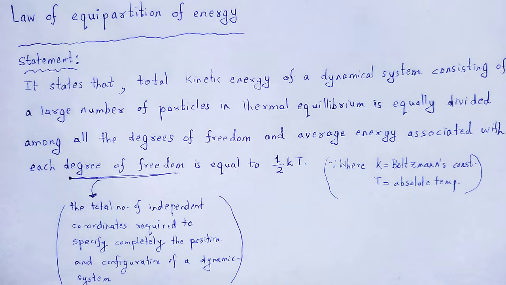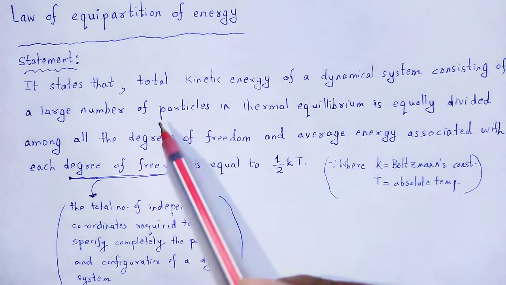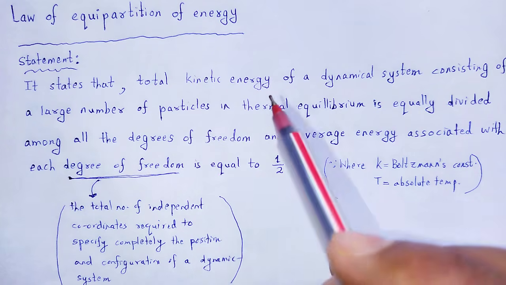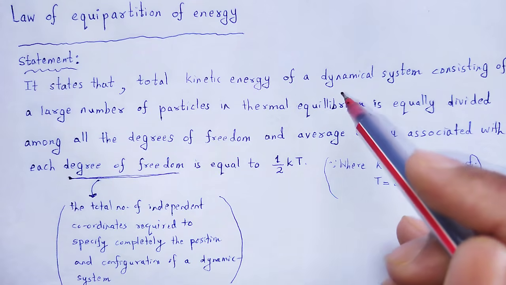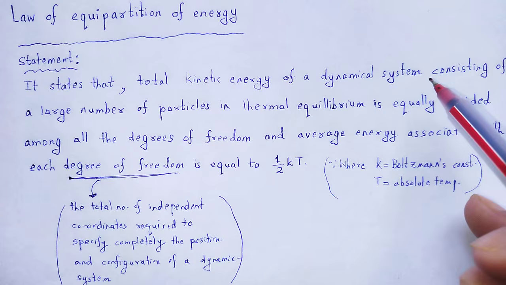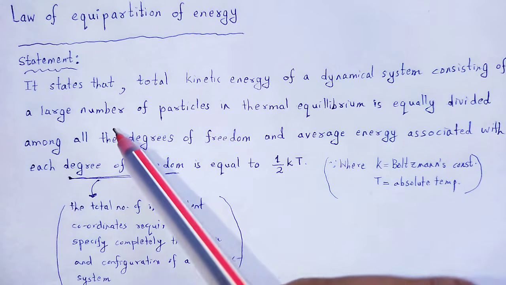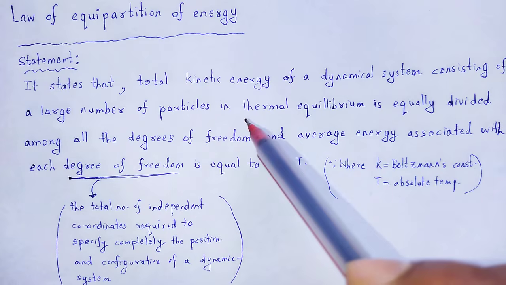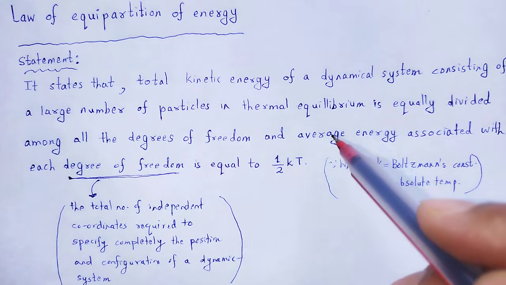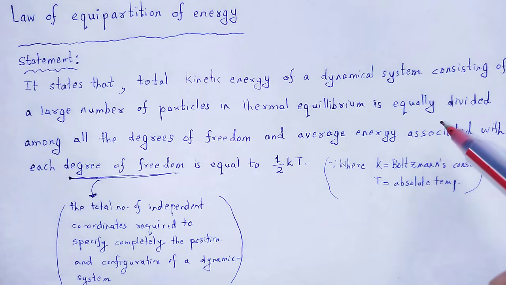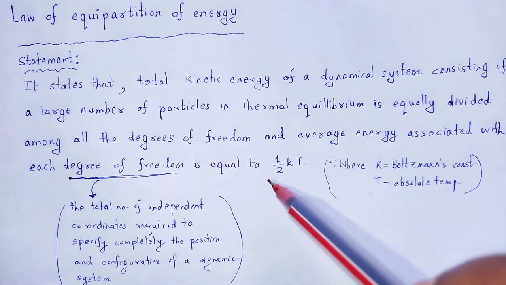Statement of the law of equipartition of energy. The total kinetic energy of a dynamic system consisting of a large number of particles in thermal equilibrium is equally divided among all the degrees of freedom.